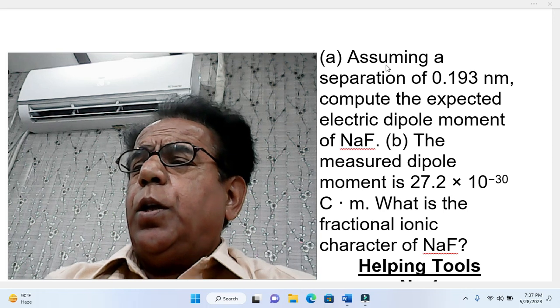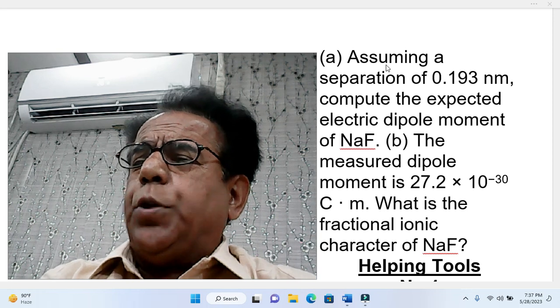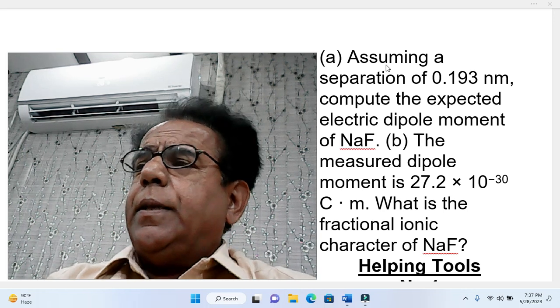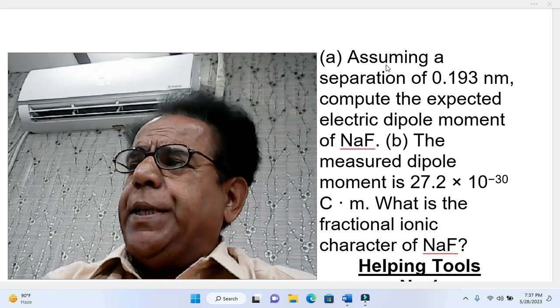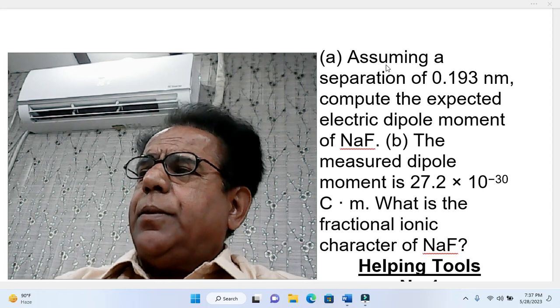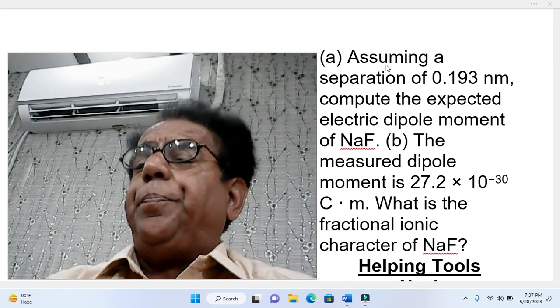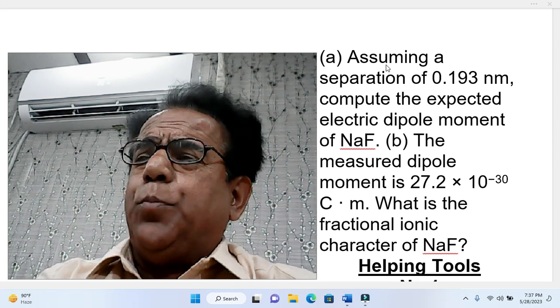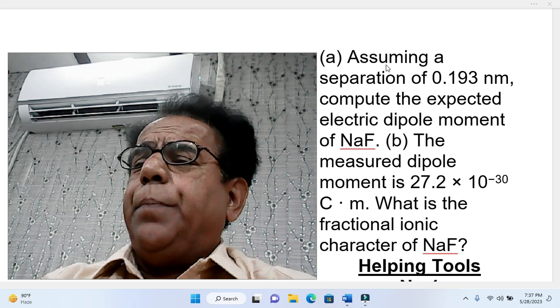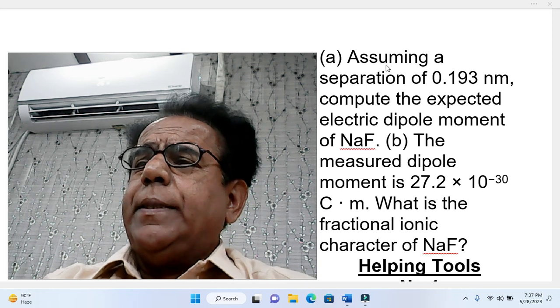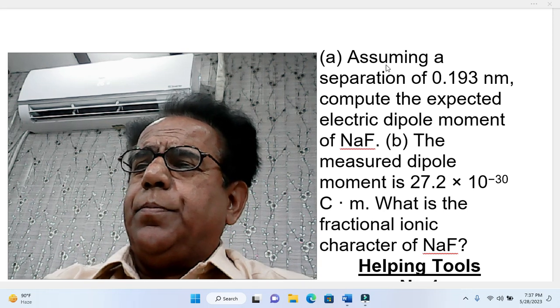So chlorine chloride, fluorine fluoride, iodine iodide, and so on. Basically these things are more related to chemistry, but in our physics these are also fundamentals.